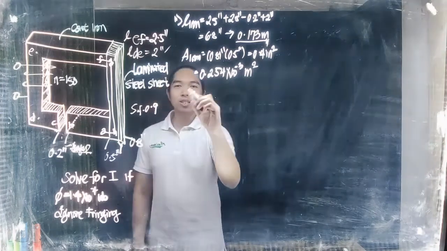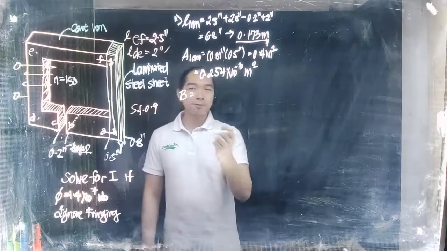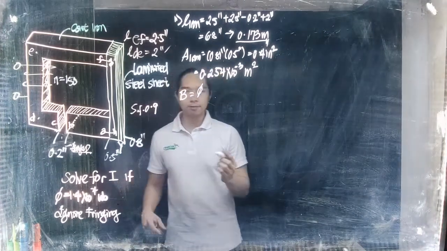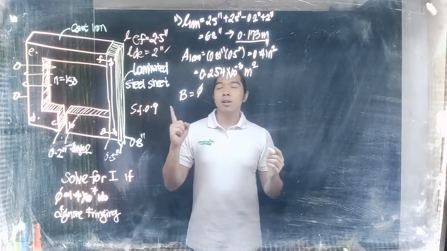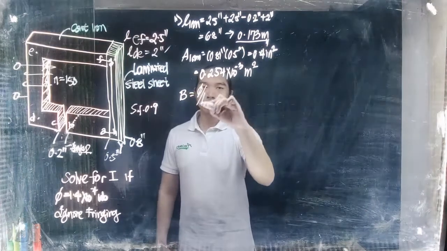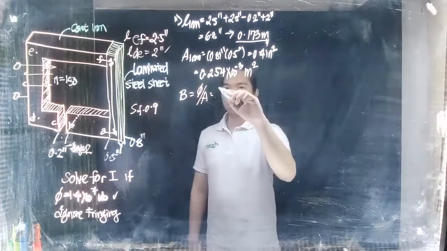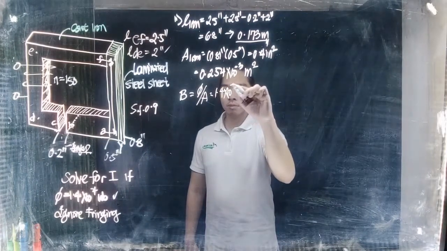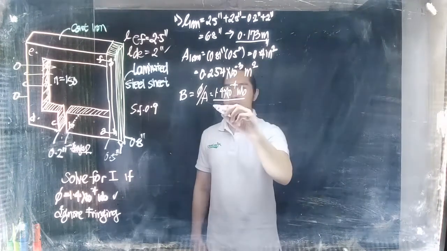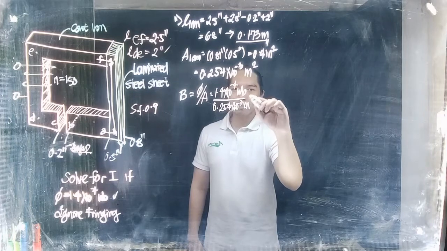Let's now solve for the flux density B. That would be equal to the flux over the area. Using the formula, the flux is given as 1.4 times 10 raised to negative 4 Weber, divided by our cross-sectional area of 0.254 times 10 raised to negative 3 meters squared.